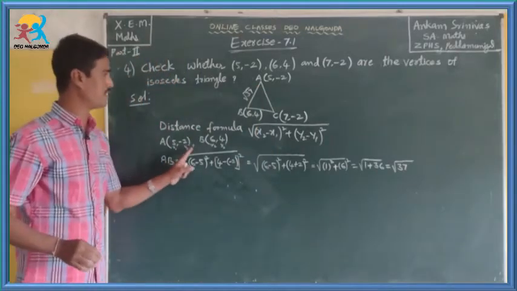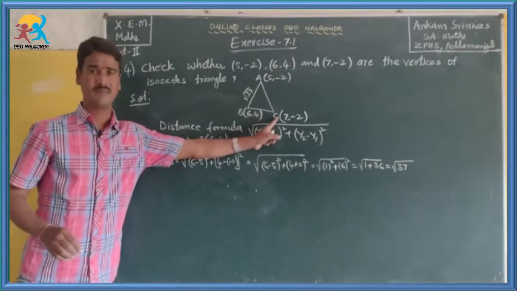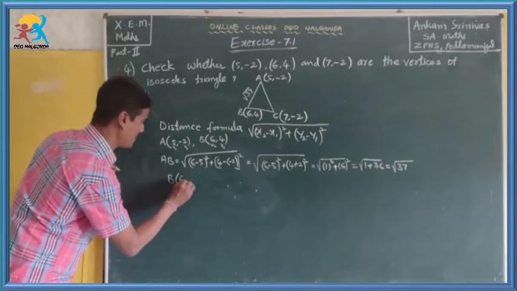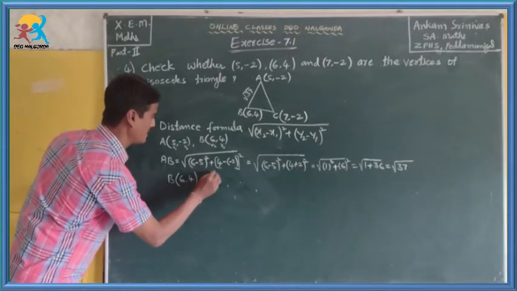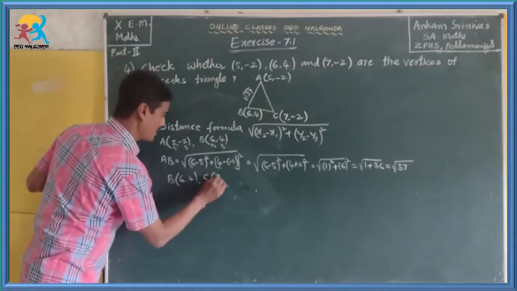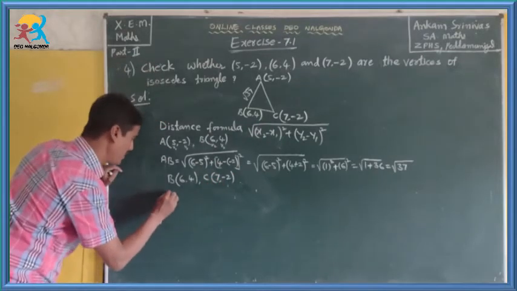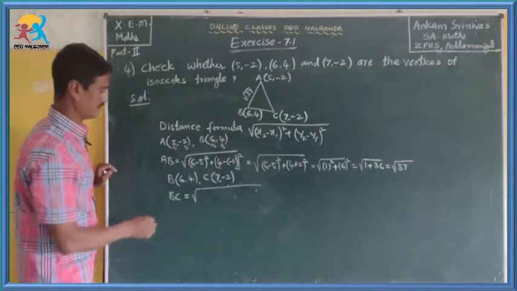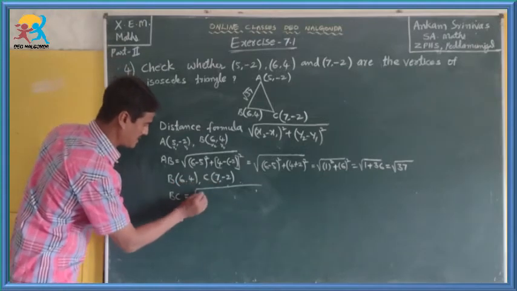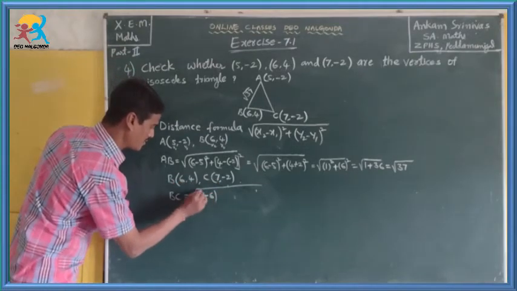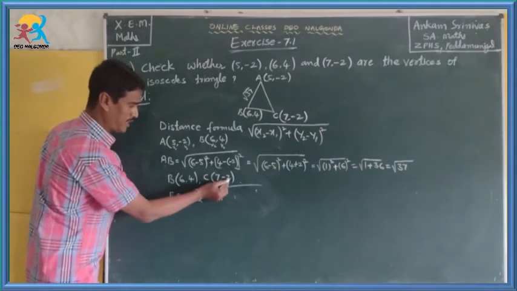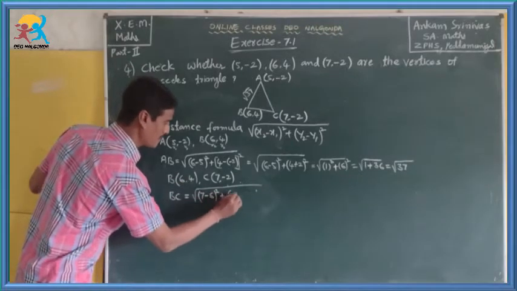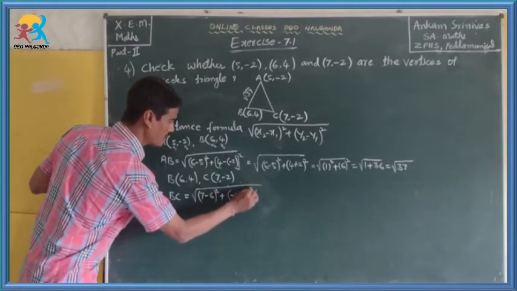Then find the distance between B and C, the length of side BC. B is (6, 4) and C is (7, minus 2). So the length of BC equals square root of x2 minus x1, 7 minus 6 whole square, plus y2 minus y1, minus 2 minus 4 whole square.